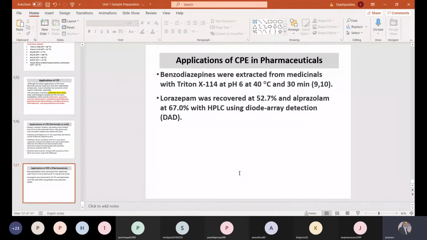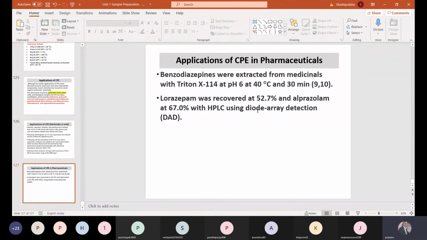And it is also being used in pharmaceuticals. I mean, there are many examples. I have just taken a simple example of benzodiazepines and lorazepam, with very good recoveries, though there are certain things which we need to do to improve the recoveries as well.